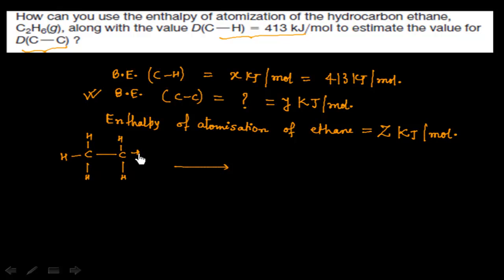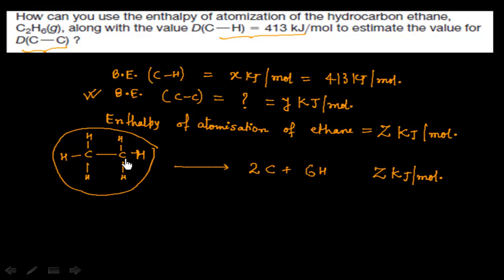If I atomize this molecule, we will have 2 carbon plus 6 hydrogen. So the enthalpy of atomization for this reaction is given as z kilojoule per mole. Now if I want to atomize this molecule, we have to break 6 carbon-hydrogen bonds, and we also have to break 1 carbon-carbon bond. So these are the bonds that have to be broken.